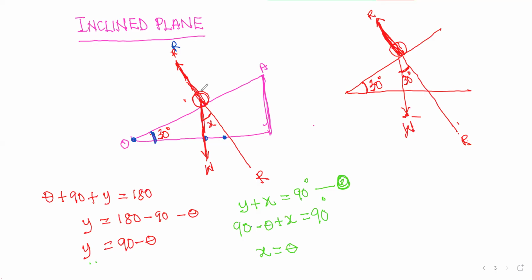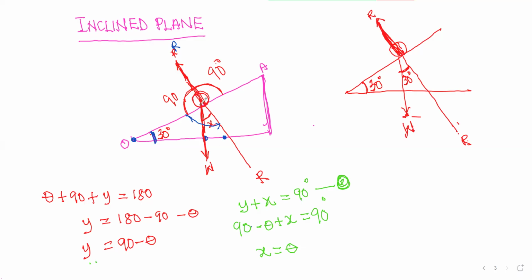The normal reaction must always be perpendicular to the surface, whether it is flat or tilted. So this must be 90. It means that this must also be 90. It also means that if I draw an angle from here to the reaction, this must also be 90.